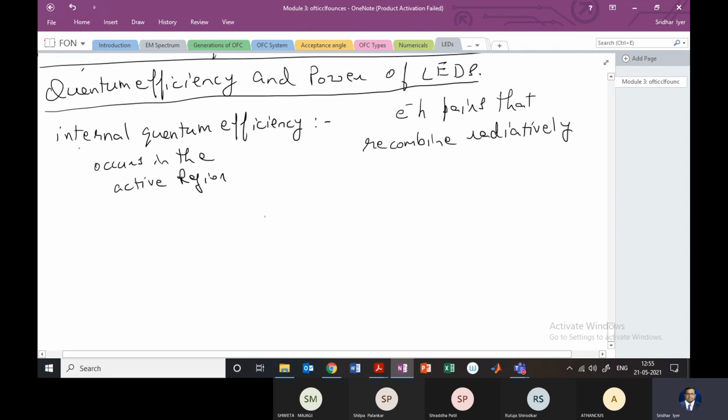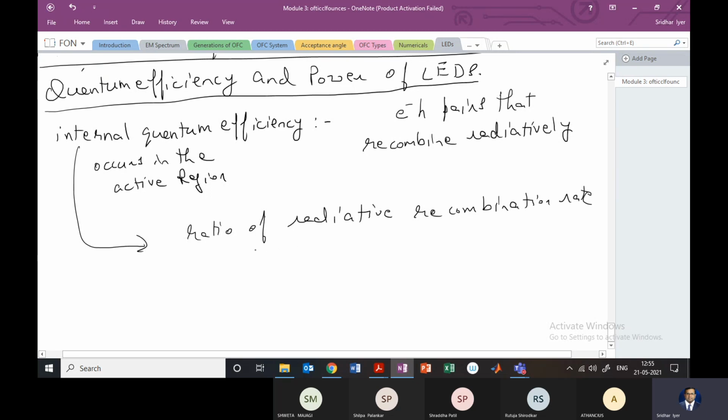So let me say the internal quantum efficiency is given as the ratio of radiative recombination rate to the total recombination rate.